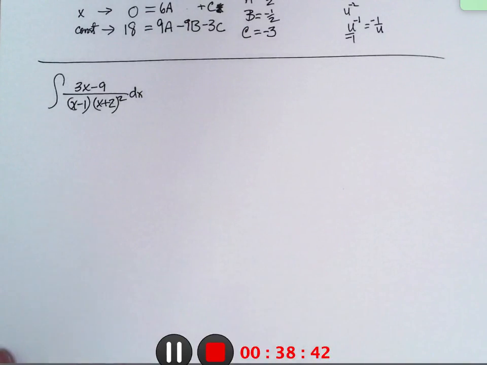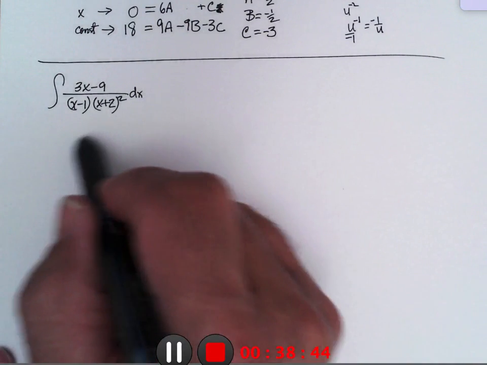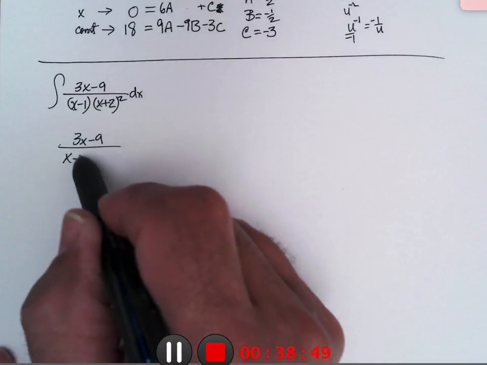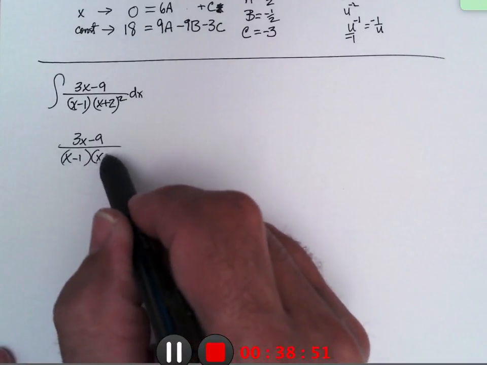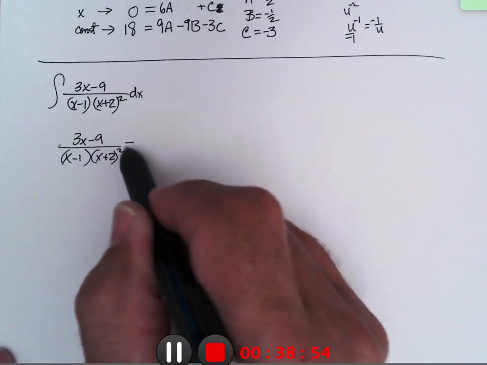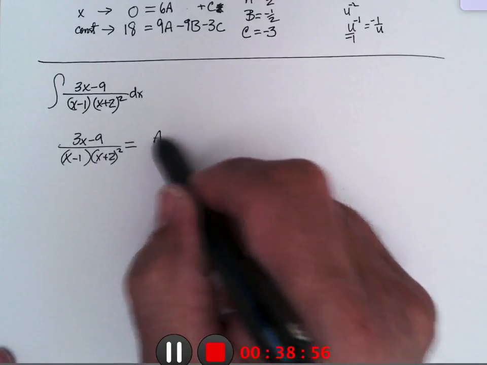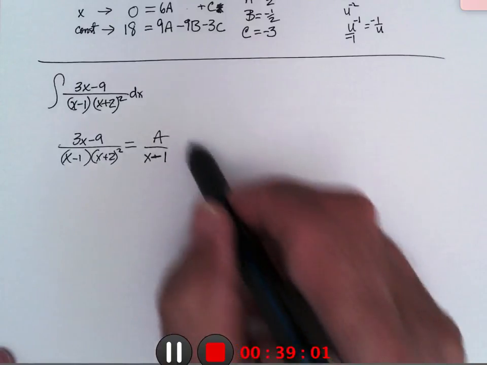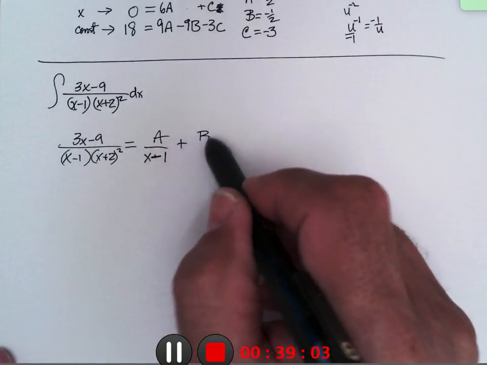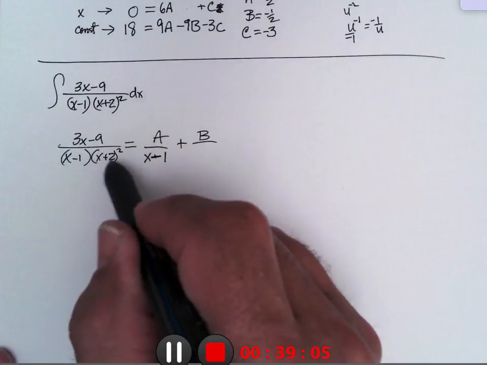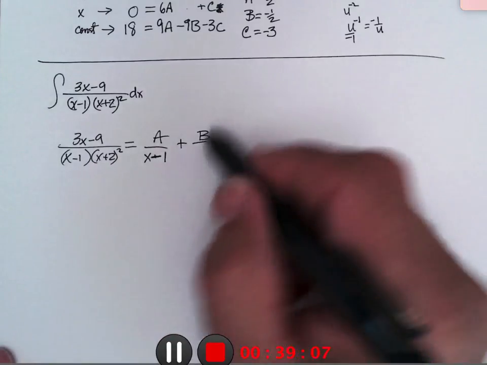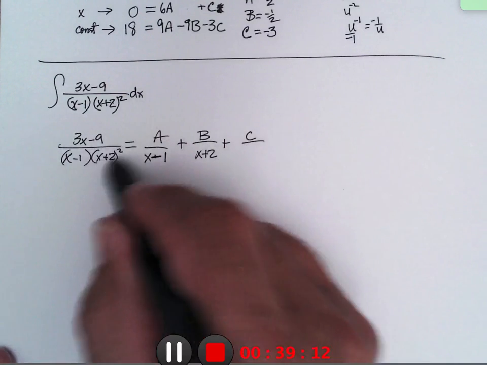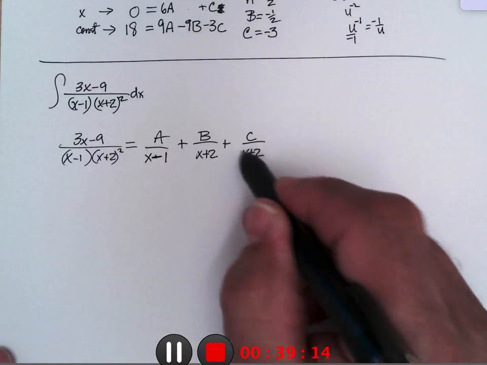So we're going to get 3x minus 9 over x minus 1 and x plus 2 squared, and we're going to have to do A over the linear factor plus B over, this is not a quadratic, this is a linear factor squared, so B over x plus 2 and C over the x plus 2 squared, because it's a repeating factor.